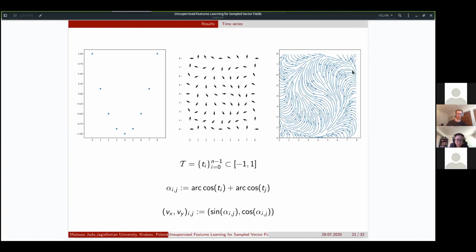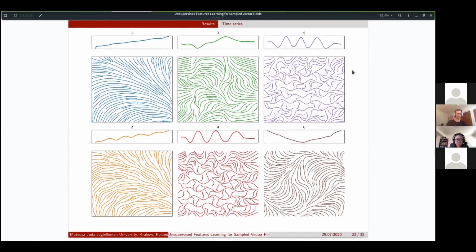However, what you can observe on that vector field is that there is no critical point and no periodic orbit. There are just straight flows in the trajectories. When you take the whole database of such time series, we have six classes, like here, which are the representatives of the classes of the time series and their associated vector fields, and none of them has any critical point or periodic orbit.